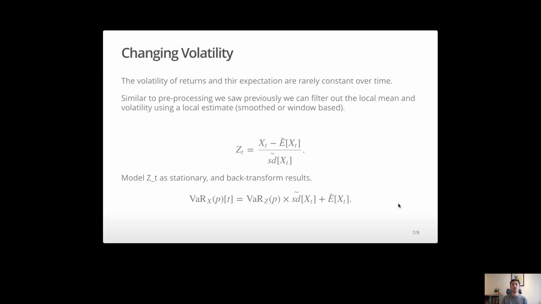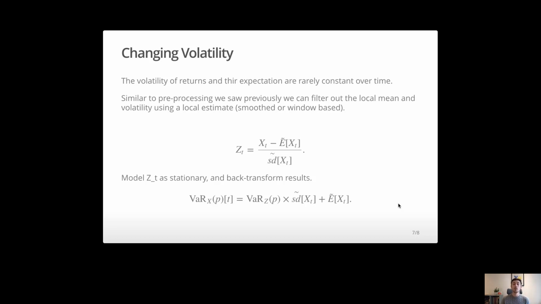So this could be, for example, taking the mean and variance of the previous 20 observations or the 11 observations centered on our observation. Or if we're using a smoothing approach, weighting each observation by its distance in time from the observation that we're interested in.